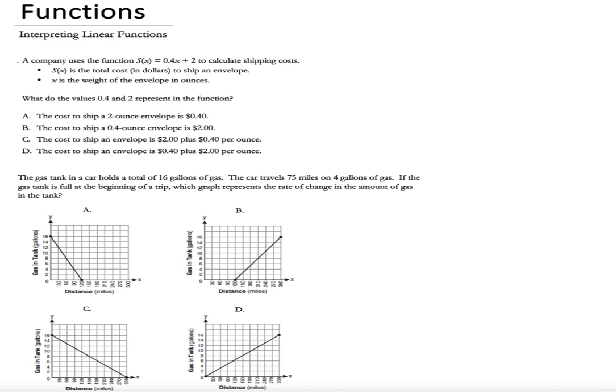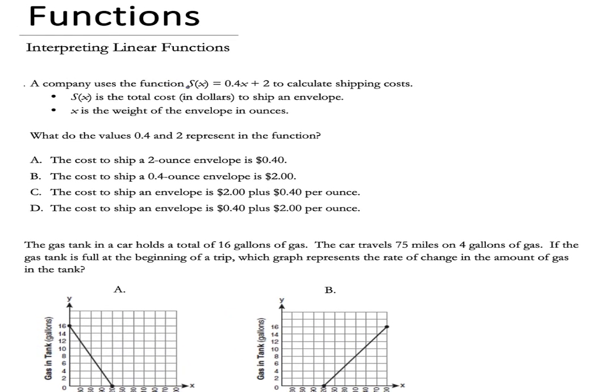Today, I'm going to be finishing up the functions, and the last type of problems we will look at is how do we interpret linear functions. So let's begin. The first question I have here states, a company uses the function, and you saw this function before in my previous video, S(x) = 0.4x + 2 to calculate shipping costs.